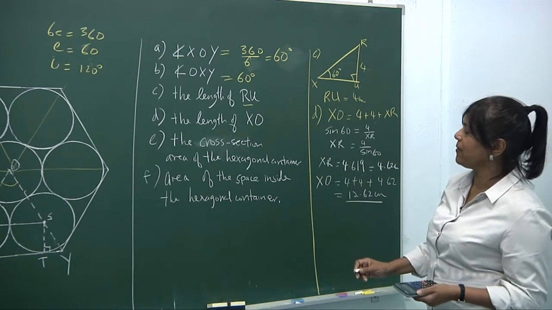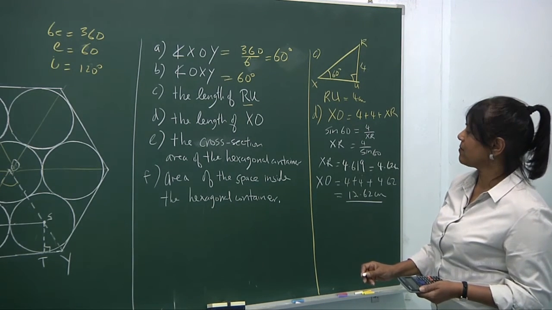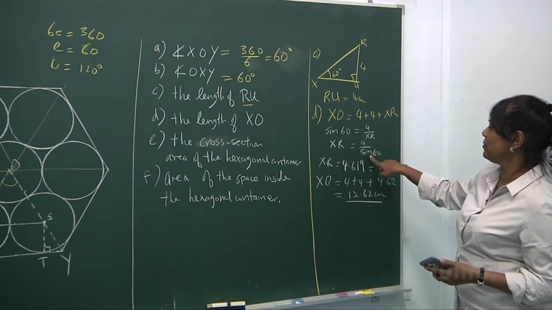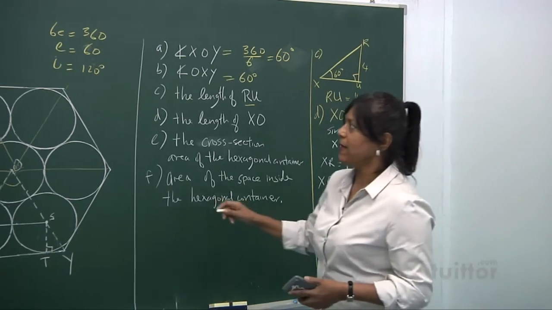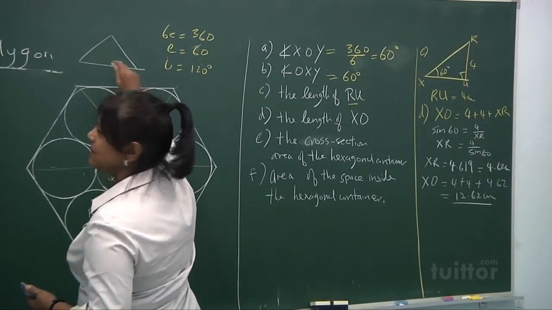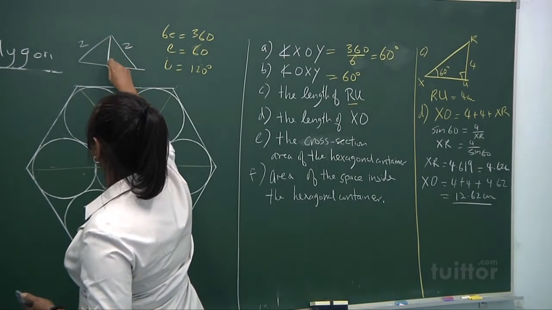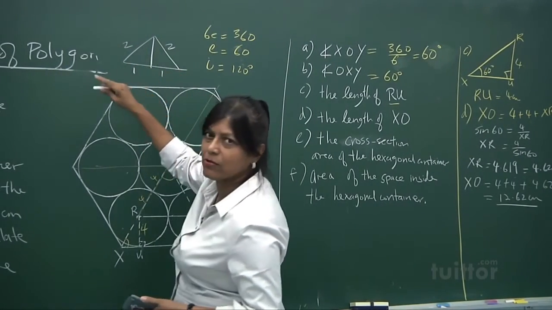That's your XO. Now the next part, they said find the cross-sectional area. But I also want to get back to your XR. If you have a right angle triangle and you want to find 60 degrees, here is some additional knowledge. This is 2, this is 1 and 1 in an equilateral triangle.